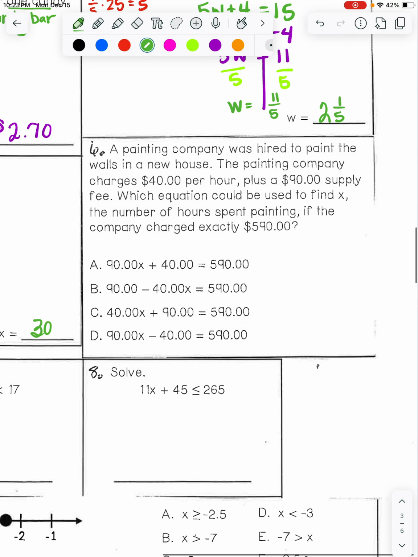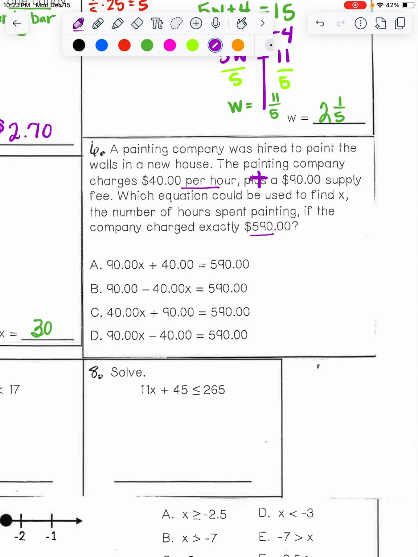Number 6, a painting company was hired to paint the walls in a new house. The painting company charges $40 per hour. So each hour it's $40 plus, I see that plus sign there, plus $90 supply fee. Which equation would be used to find x, the number of hours spent painting, if the company charged exactly $590?